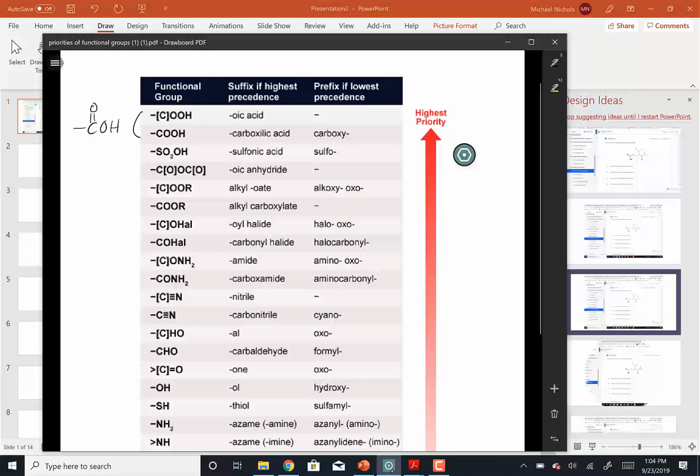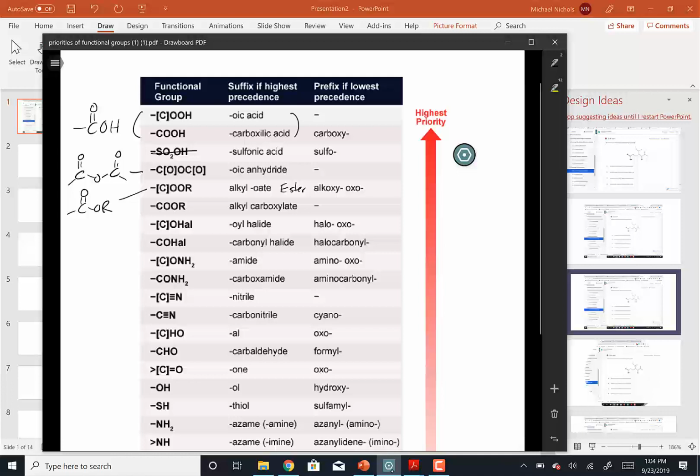I'm not concerned really about a sulfonic acid here. The anhydride has a C double bond O with another O and a C double bond O on the other side. So that's an anhydride. An ester looks like this. Okay, so this is an ester, this is a carboxylic anhydride, and these are carboxylic acids.